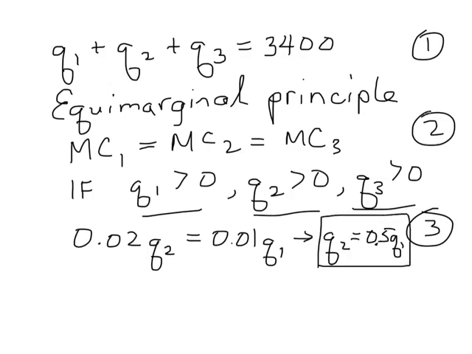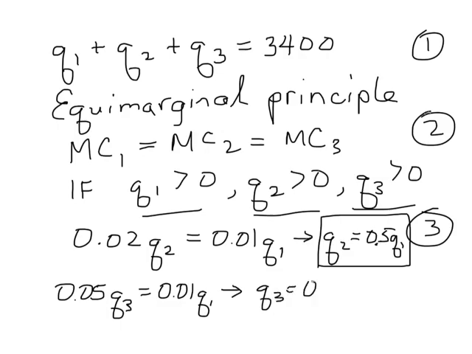Another one is that we also know that 0.05 Q3 is equal to 0.01 Q1 if we're minimizing costs. And we can simplify that to get Q3 is going to equal 1/5 of Q1, which is 0.2 Q1. All right, so we'll call that expression 4.